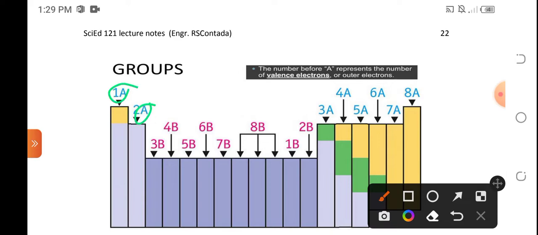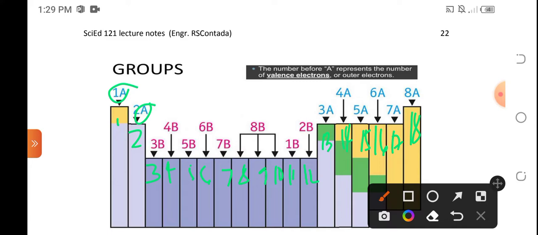Rather, they define these groups as group 1, group 2, 3, 4, 5, 6, 7, 8, 9, 10, 11, 12, and then 13, 14, 15, 16, 17, and sometimes 18. Iba-iba, so tignan na lang natin yung orientation ng ating mga nabiling periodic table.